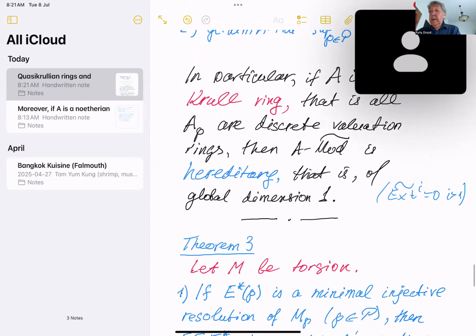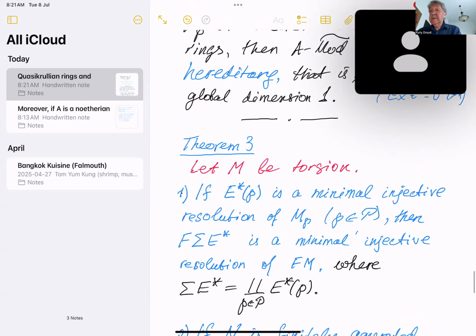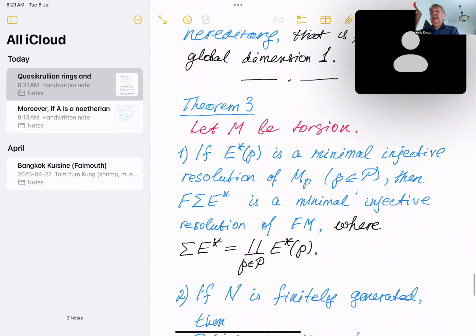One more theorem about torsion modules. Suppose that M is torsion and consider its minimal injective resolution. Yeah, so there is such an injective resolution that each injective module is an essential extension of the image from the preceding.